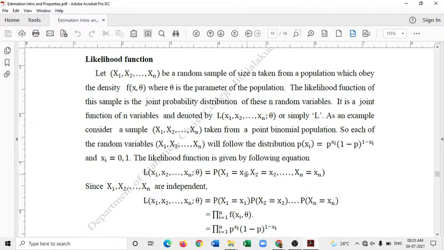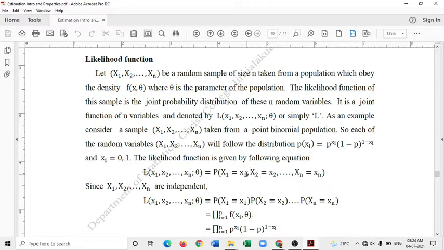Therefore, here we deal with the simultaneous occurrence of values of n random variables. And at the same time we note that these X1, X2, etc., Xn are independent because they represent a random sample.